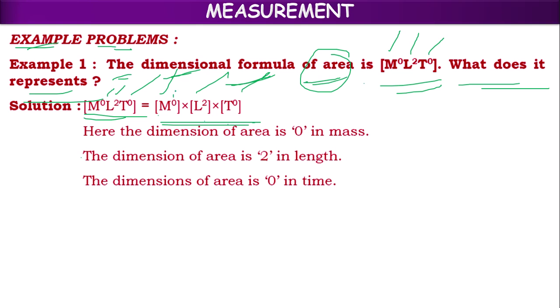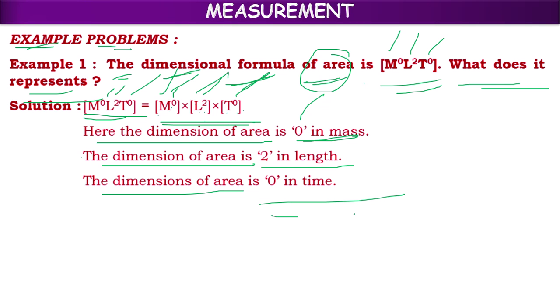For mass we have power 0, for length power 2, for time power 0. So the dimensions of area are 0 in mass, 2 in length, 0 in time. This information is what the dimensional formula represents.